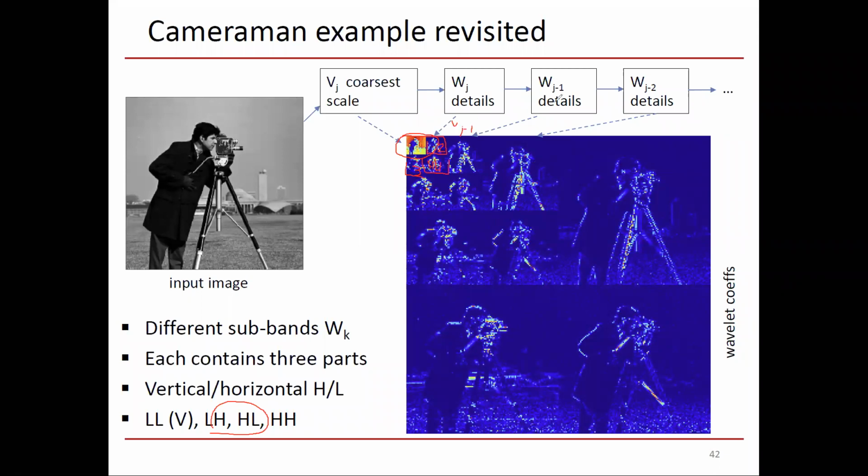And then adding in the details of Wj minus 1, these 3 subbands of wavelets takes us to Vj minus 2. And adding in this subband and so on, and finally, we have the subbands at the finest scale.